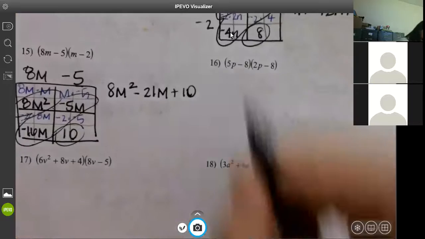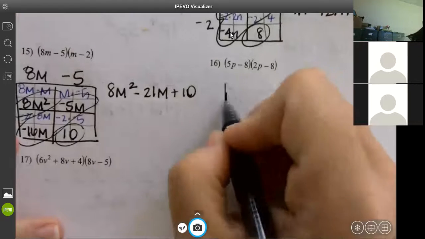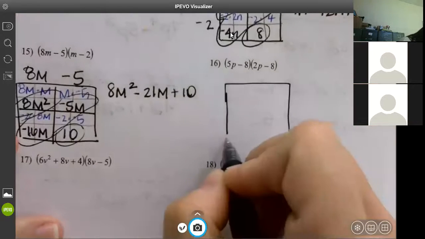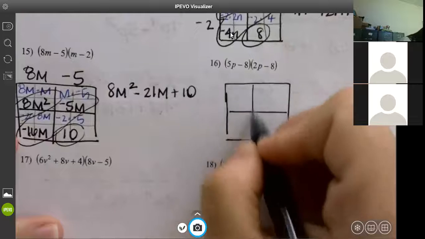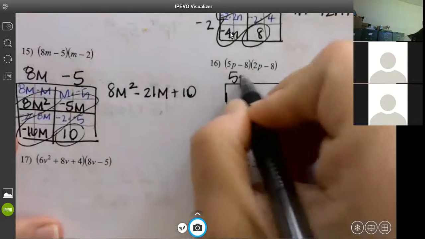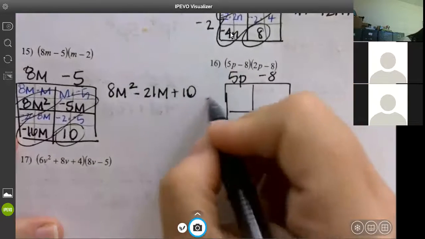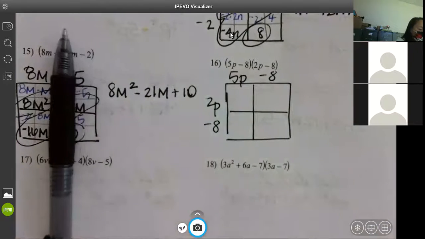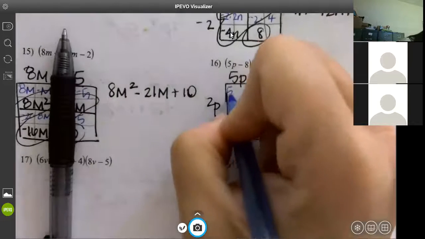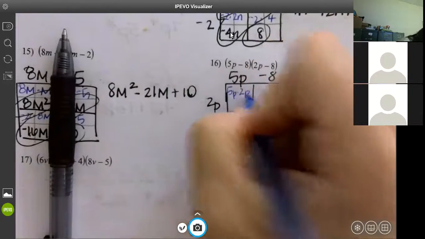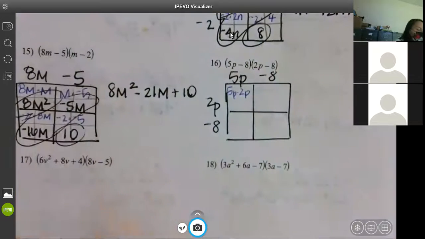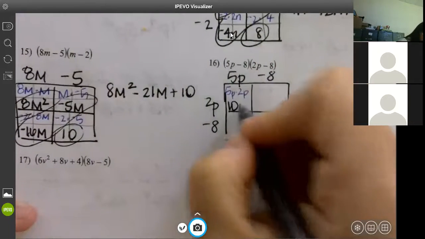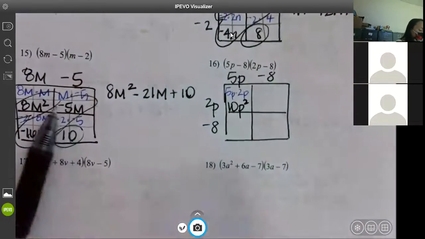Same thing on 16, box it. A 5p and a -8. A 2p and a -8. In the first box, 5p times 2p is 10p squared.